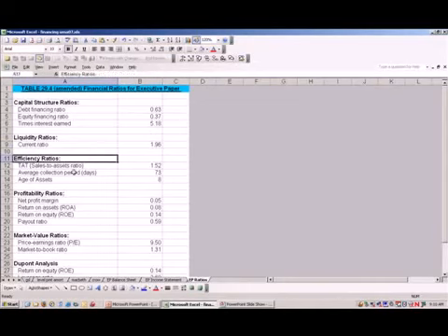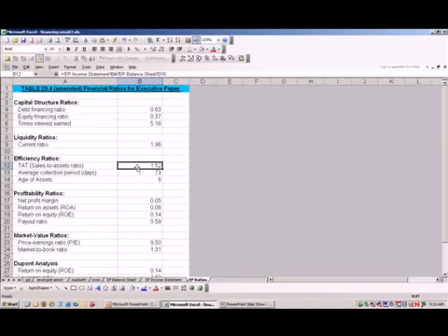Now let's calculate an important efficiency ratio, the total asset turnover ratio, which by the way is also called the sales to assets ratio. The calculated number is 1.52. Recall that this ratio is defined as sales or revenue divided by assets.